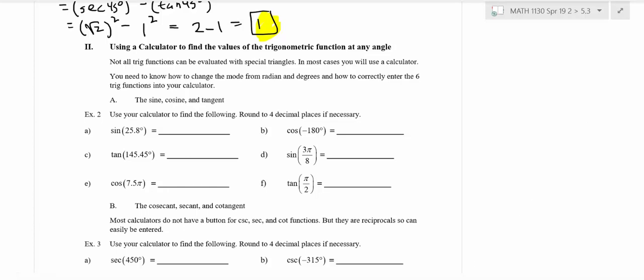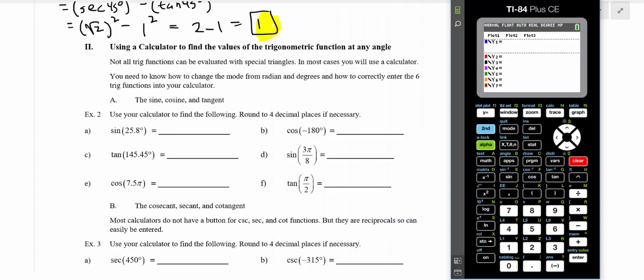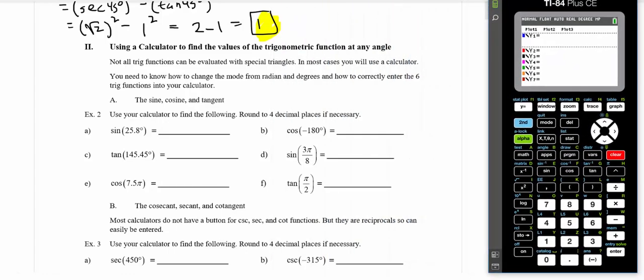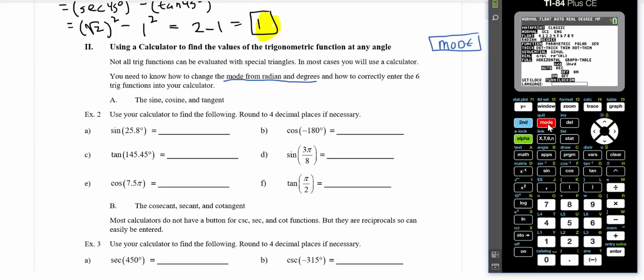On your calculator, I want to show you a couple of key things. The first thing is you want to know how to change the mode from radians to degrees. I'll write down the keystrokes. Identify your mode button, which is here. If you press your mode button, typically the standard setup is to have everything to the left.